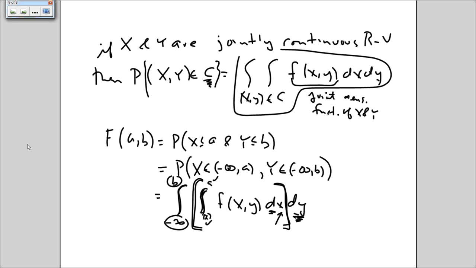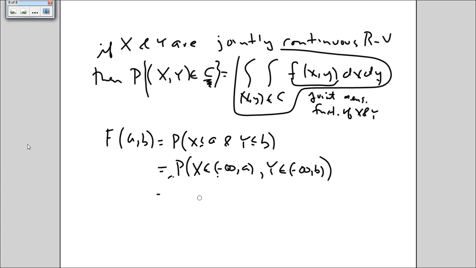Now, what if we take the derivative like 2 times? So I'm going to write this a little bit smaller. So this is equal to the integral from negative infinity to b of the integral from negative infinity to a of f of xy dx dy.